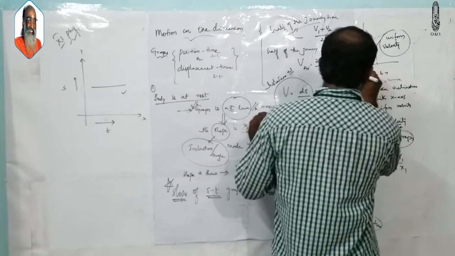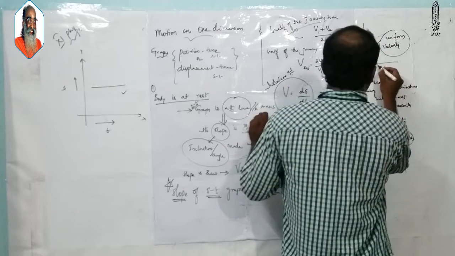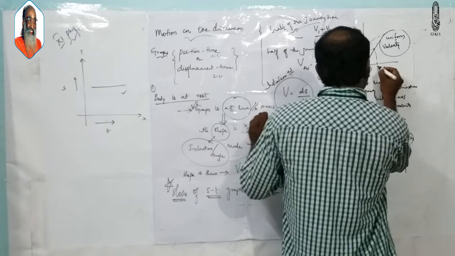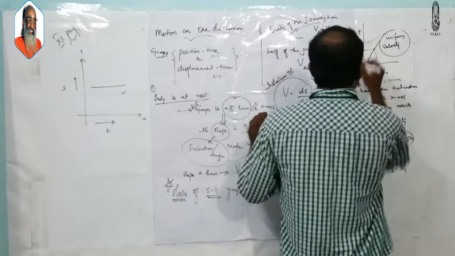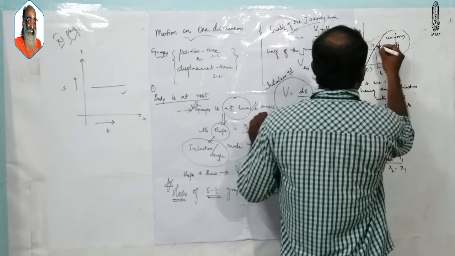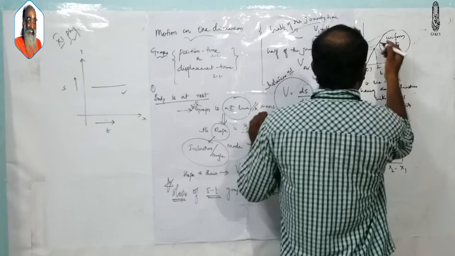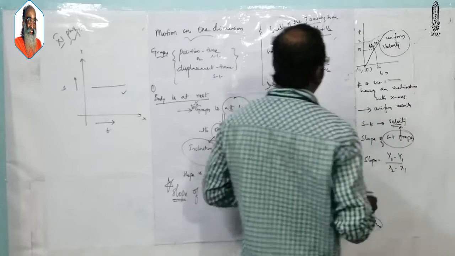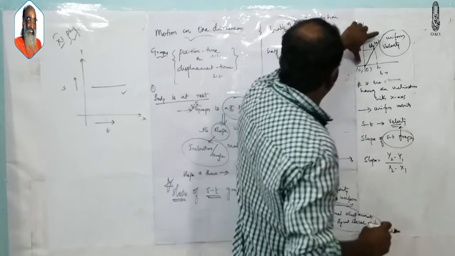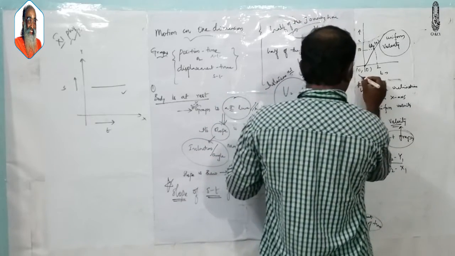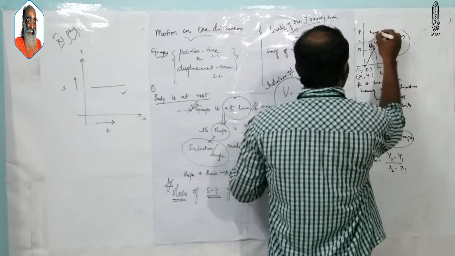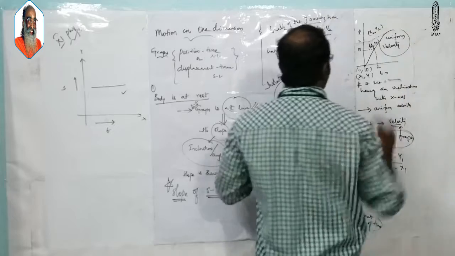And let this be 2 and let this be 10. So first we have to write the x coordinate 2 and then the y coordinate 10. Look here, for this line, the first one is x1, y1, and for this it is x2, y2, okay.